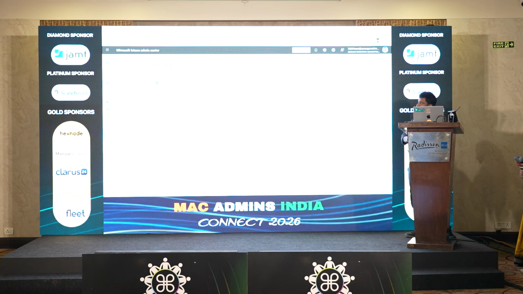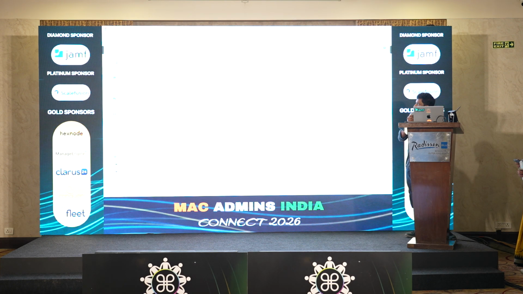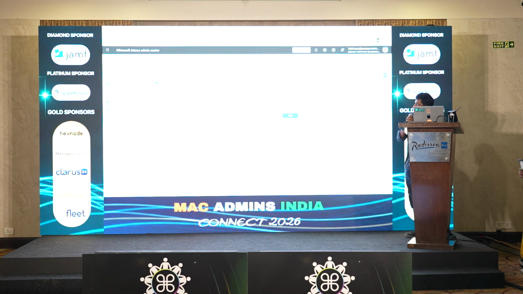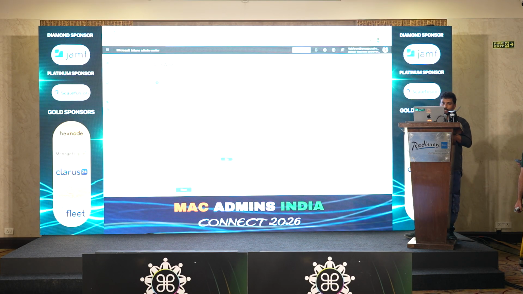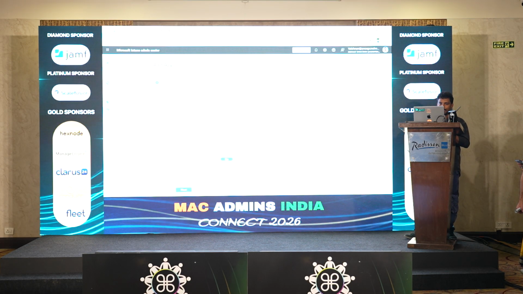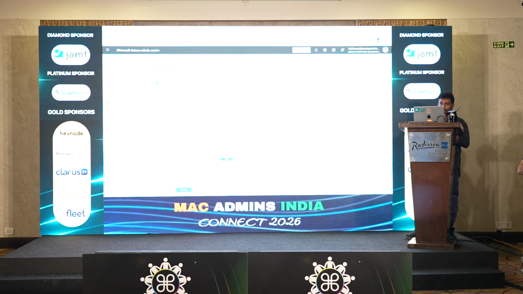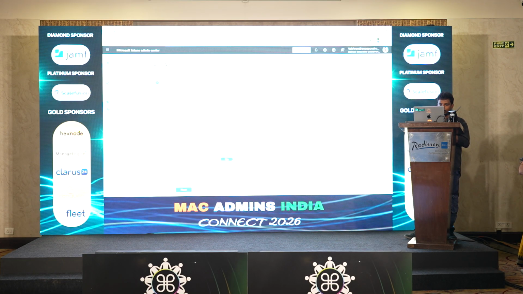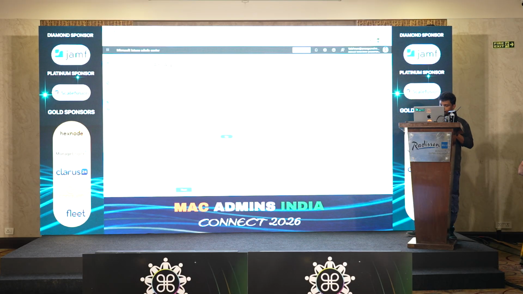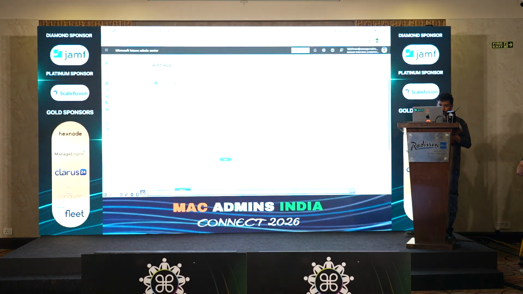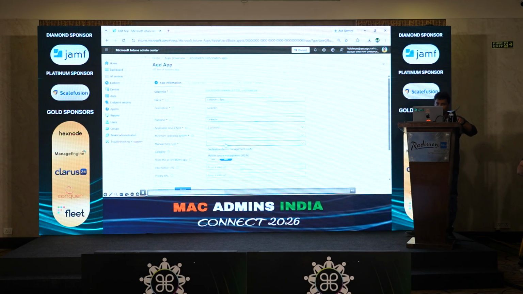So I already downloaded a LOB application called LinkedIn, and I just added the LOB application over there. Some things are mandatory here. The publisher is mandatory, and you also need to put in a valid description, and also the management type.